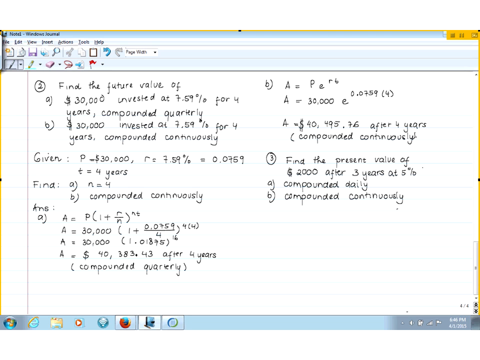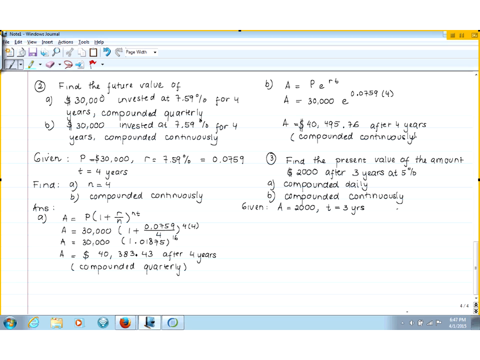Okay, so basically this question is a little bit confusing. Find the present value of $2,000 after 3 years at 5%, meaning the amount after 3 years is $2,000. So maybe we should find the present value of the amount $2,000. So $2,000 is actually the future value. So let's look at what is given.